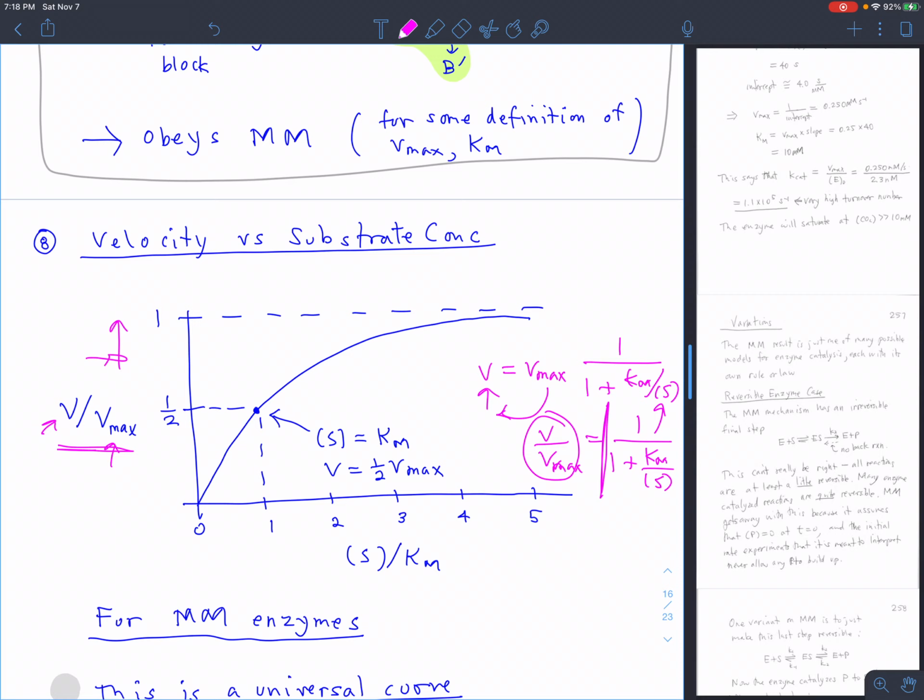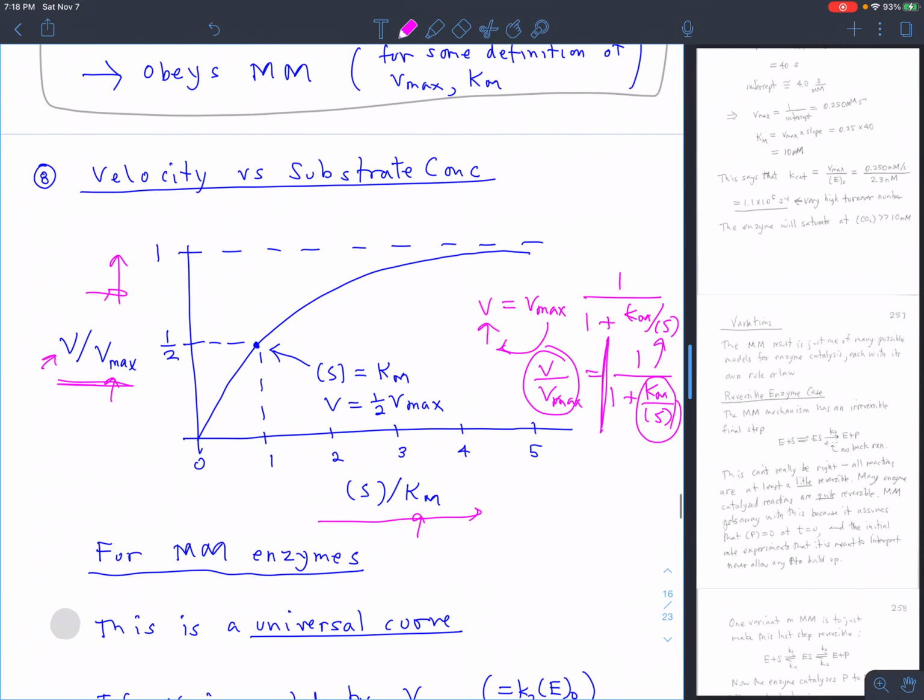Notice also, I've scaled the x-axis by Km, and the only thing that ever appears on this side of the rate law is S divided by Km.